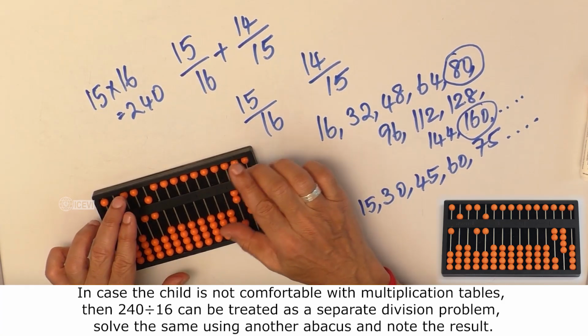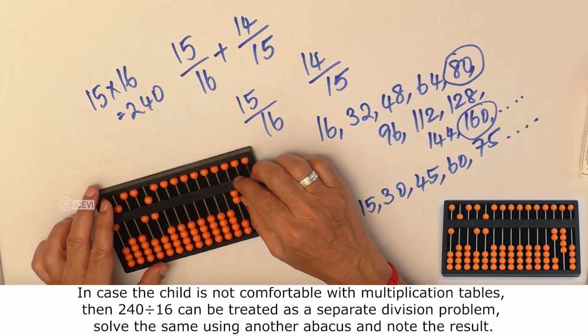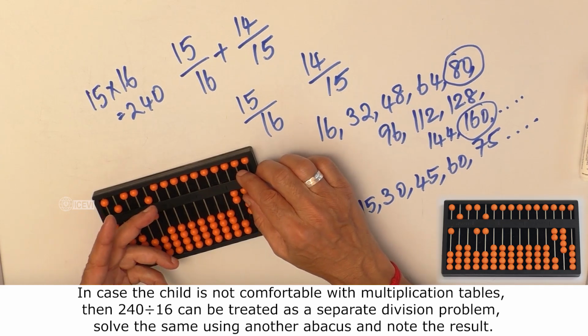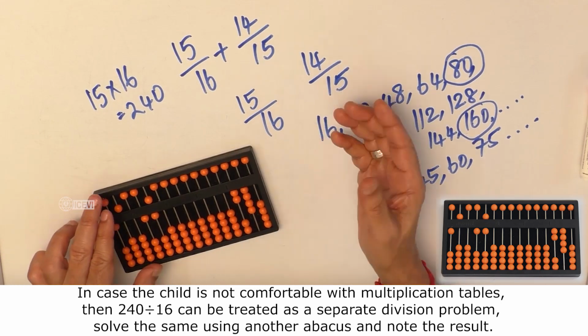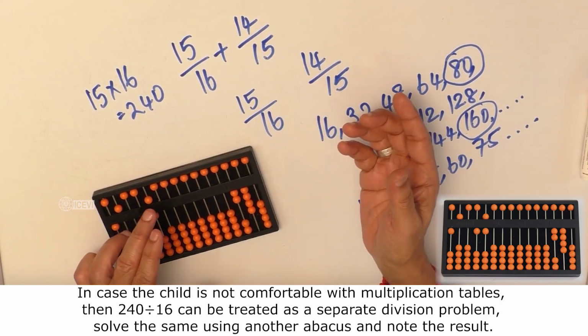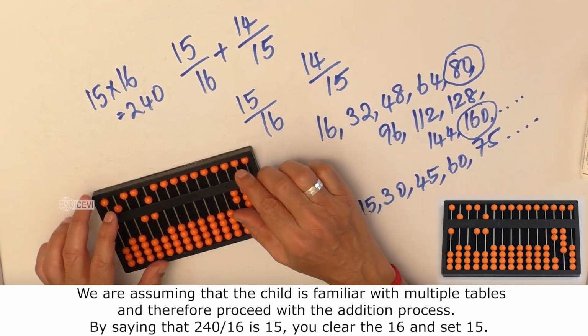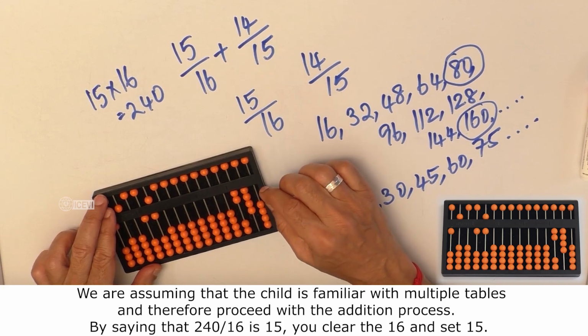In case the child is not comfortable with the multiplication tables, then 240 divided by 16 can be treated as a separate division problem. Solve the same using another abacus and note the result. We are assuming that the child is familiar with the multiplication tables and therefore proceed with the addition process.